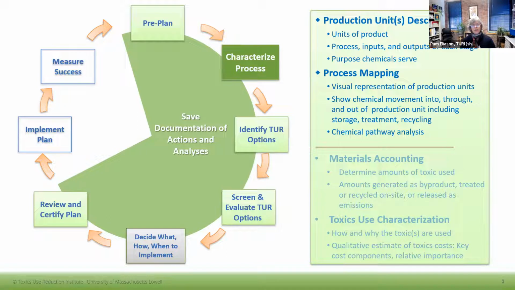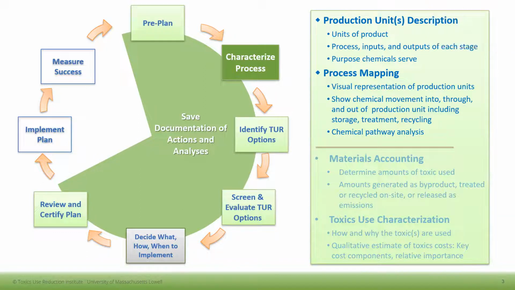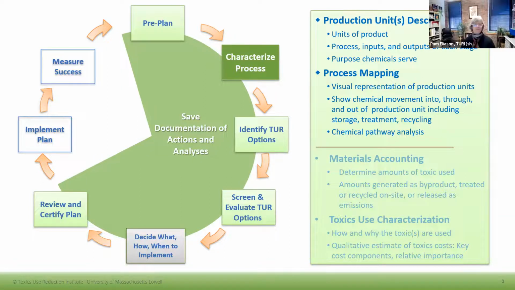So it's a production unit level process, or part of the toxic use reduction planning process. So it's really focused on your production unit level uses of toxic chemicals. If you have more than one toxic chemical, you should have more than one process characterization action that's part of your planning process.